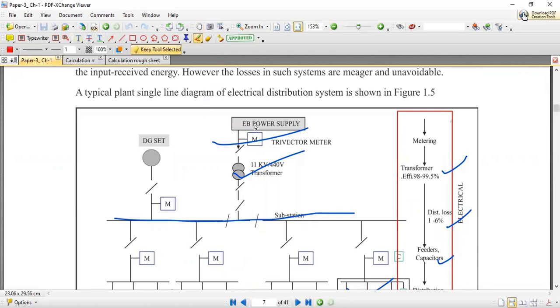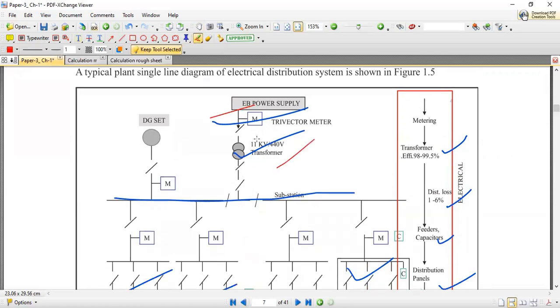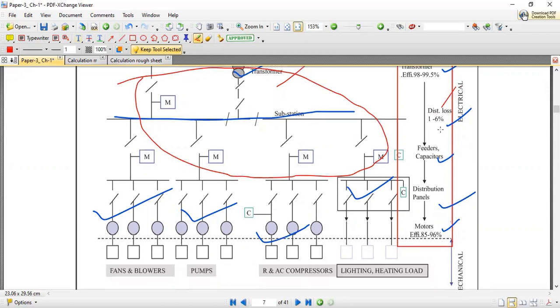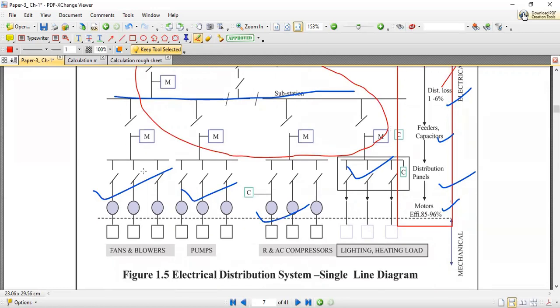Here, power comes from EB to the transformer. These losses also include transformer losses and panel, feeder, and some distance losses, cable everything. So these losses include distance losses and capacitor bank, and then it's going to this panel. In the panel there are negligible losses.